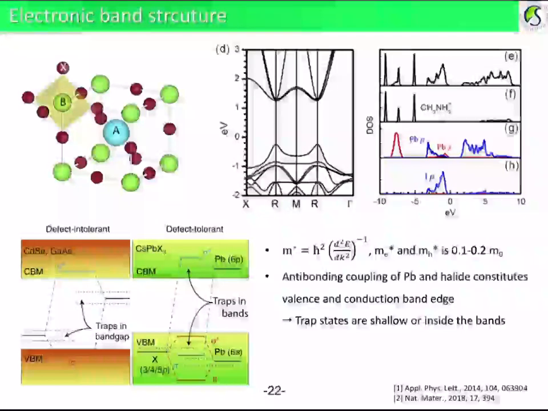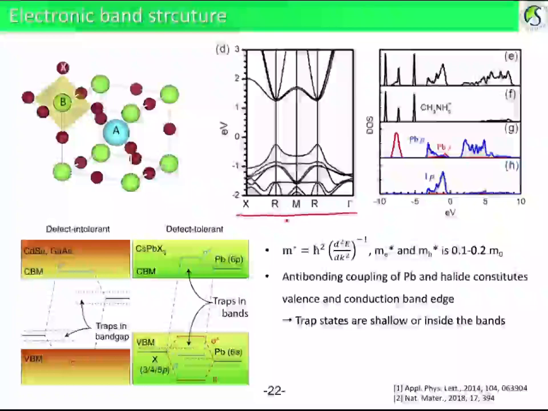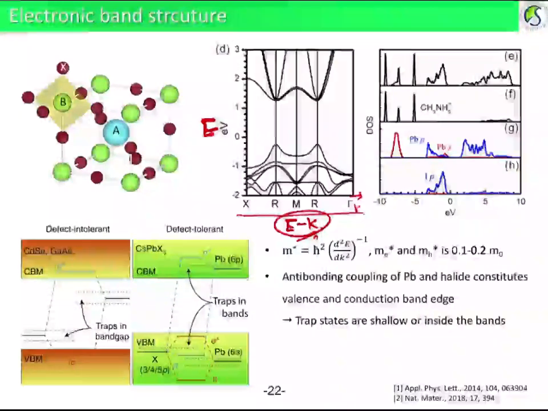And if we see the electronic band structure of this three-dimensional perovskite, this is the E-k diagram. So the y-axis is the E and x-axis is the k. You can see that it is a direct band gap material where the minimum and maximum of the conduction and valence band are at the same k point.